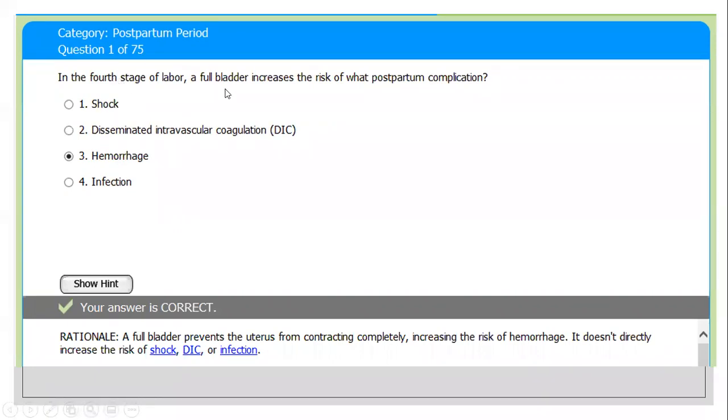When you read this question, we did not see any sign and symptom of infection like fever, so we do not choose infection. The rationale said a full bladder prevents the uterus from contracting spontaneously and increases the risk for hemorrhage. It does not directly increase the risk for shock, DIC or infection.